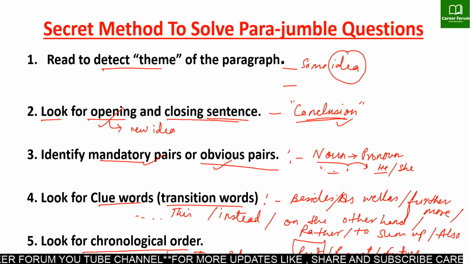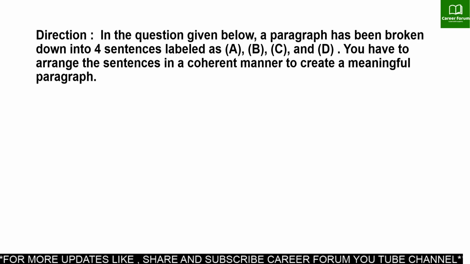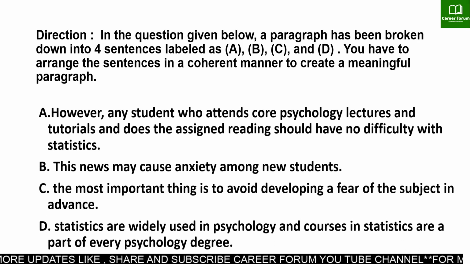I know this is going to be a little bit difficult, but let us first see how this approach has to be used in solving a parajumble question. Here is the direction, and here I'm giving the question. Usually PJ questions come in different forms.